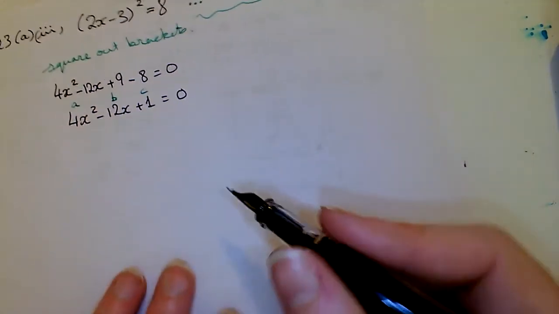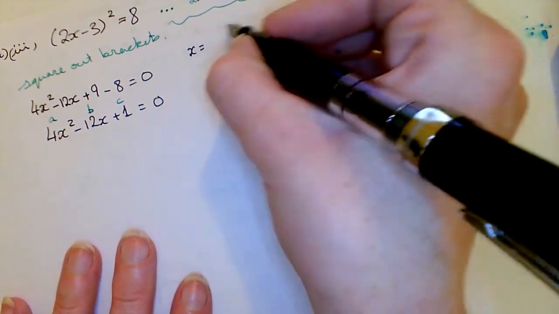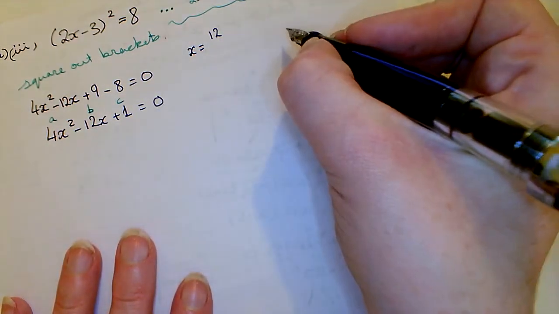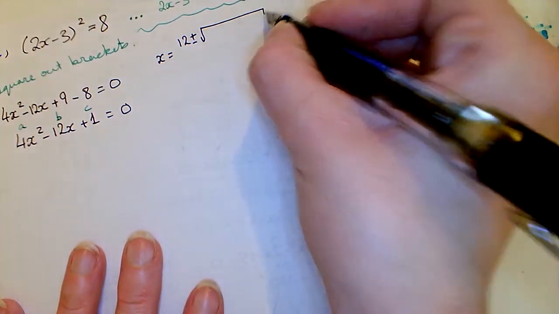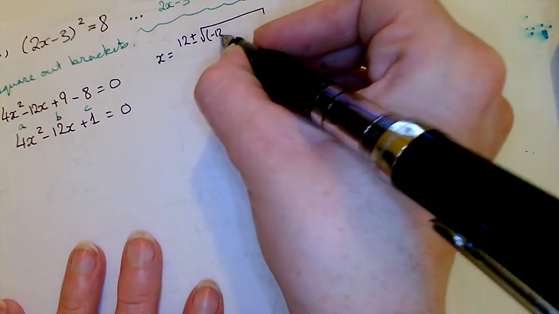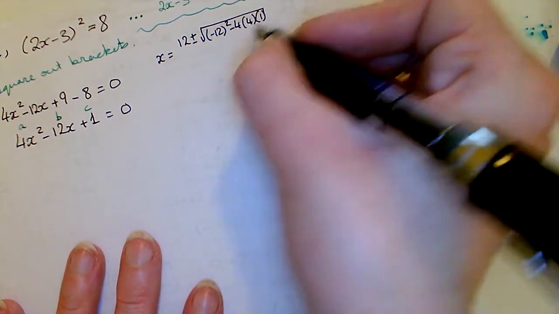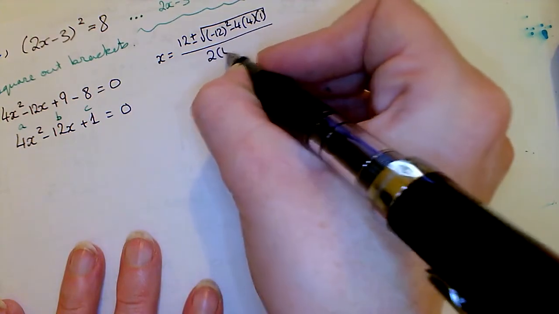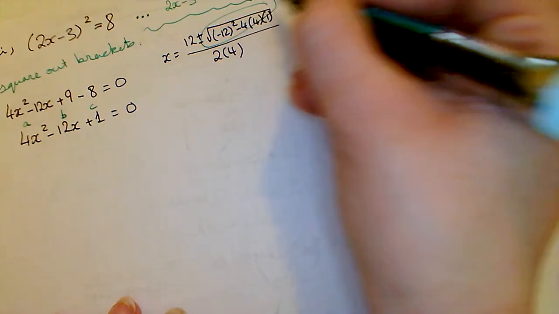And I fill into the quadratic formula that x is equal to minus b, minus a minus 12 is plus 12, plus or minus square root of b squared minus 4ac all over 2a. We'll type this part into our calculator in one go.